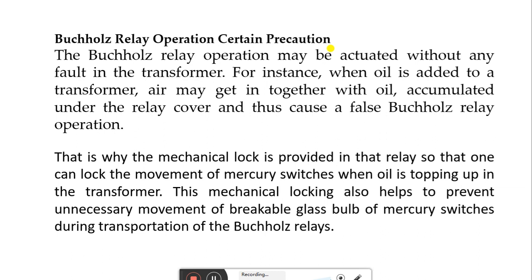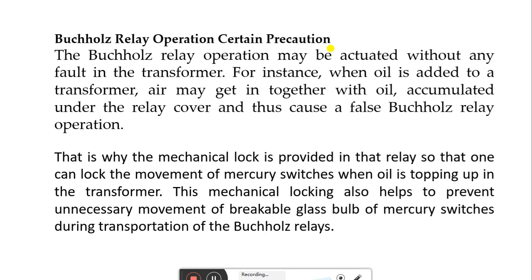This mechanical locking also helps to prevent unnecessary movement of the breakable glass bulbs of mercury switches during transportation of the Buchholz relay.